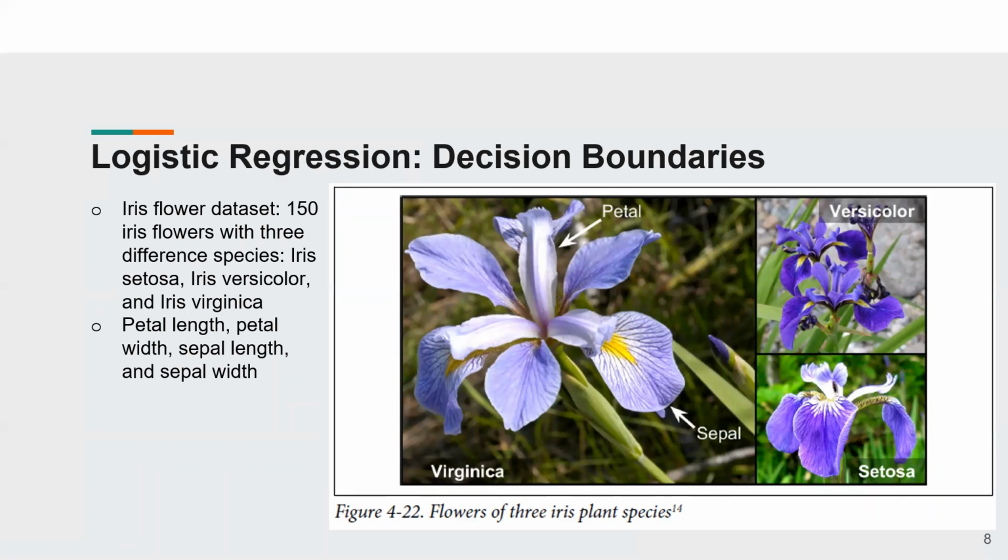It has 4 dimensions to differentiate those 3 types of flowers: petal length, petal width, sepal length, and sepal width. So essentially you want to look at the petal length and width, and also the sepal length and width.